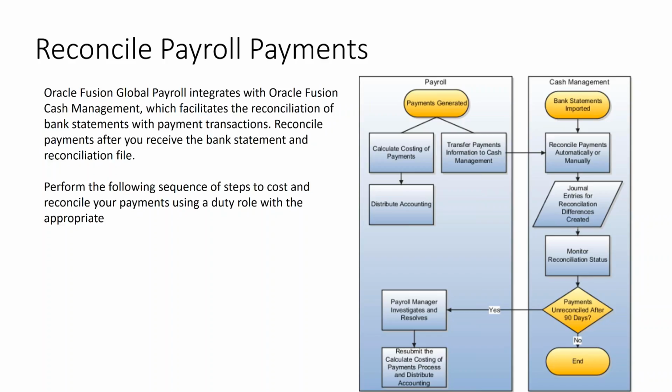There could be different reasons for the reconciliation issue. At the payroll end, the payroll manager needs to check the employee's HR data to make sure what exactly went wrong, and then resubmit the Calculate Costing of Payments process, and then this gets resolved. So the reconcile payroll payments process happens at the cash management end, but the correction needs to happen at the payroll end.